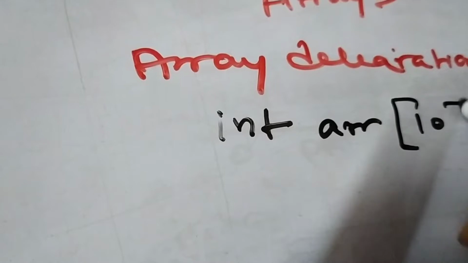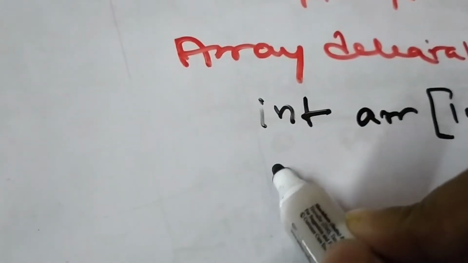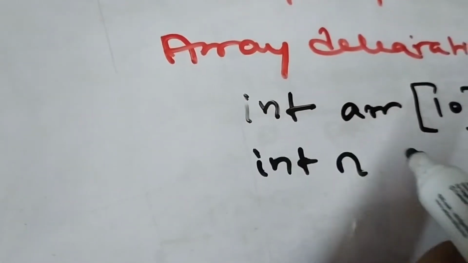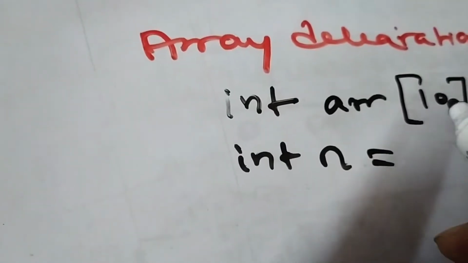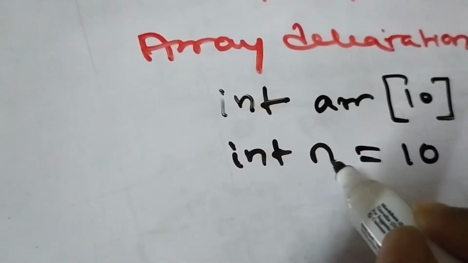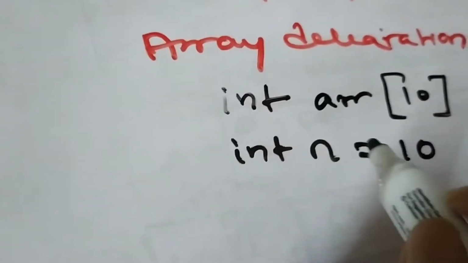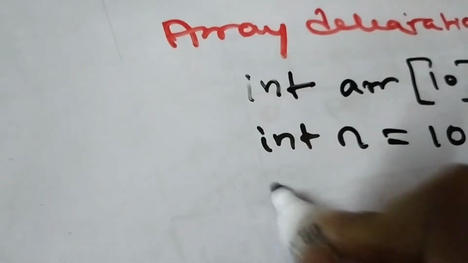I am taking an integer, this is the syntax of an array, arr, and I am giving it 10. Now I am taking another integer, int n, and initializing it to 10.